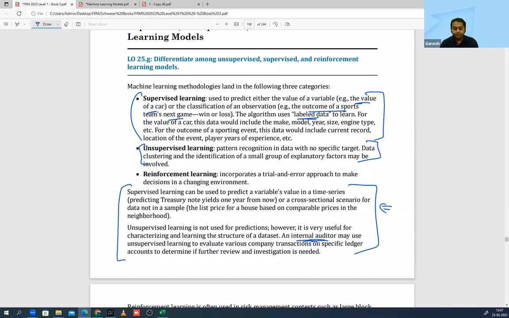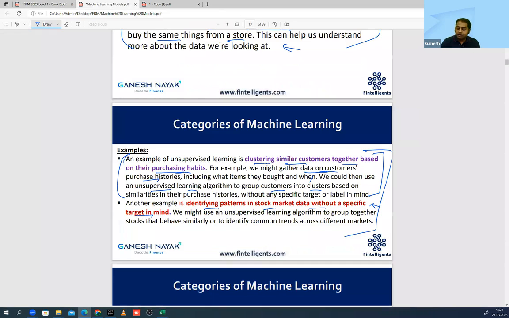Did everyone read it? Now we'll be moving towards the reinforcement part.